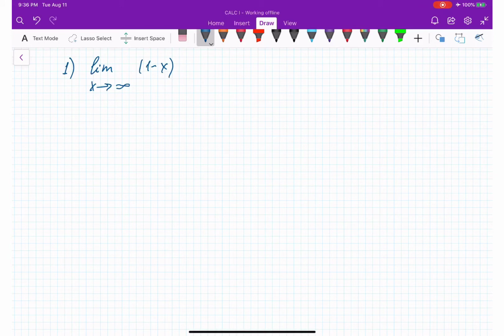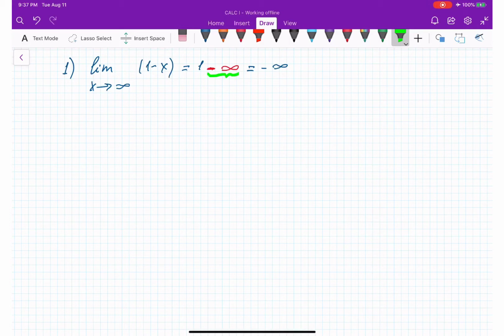We said in the previous video we want to plug in the value where x is approaching, right? So if I plug in 1 minus infinity, 1 and negative infinity, the result is going to be negative infinity. Why? Because 1 is way too small in comparison to negative infinity.